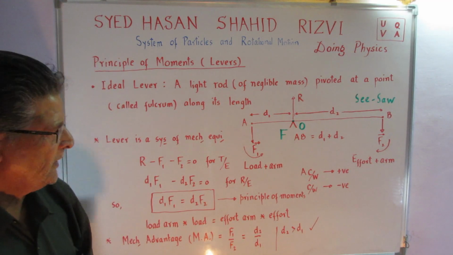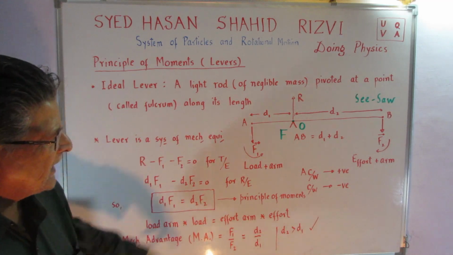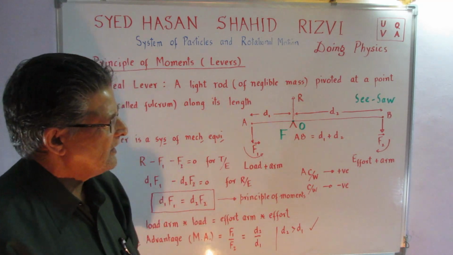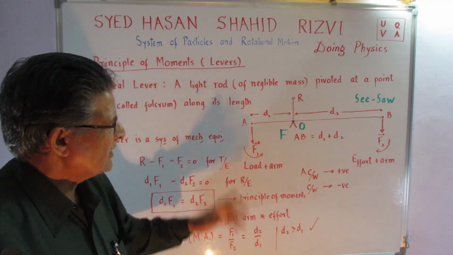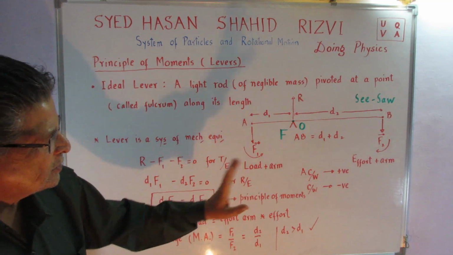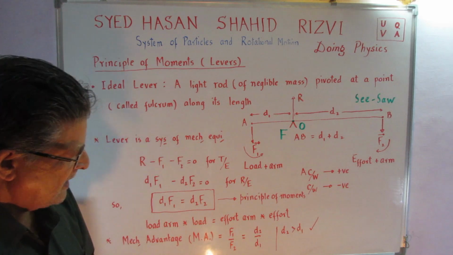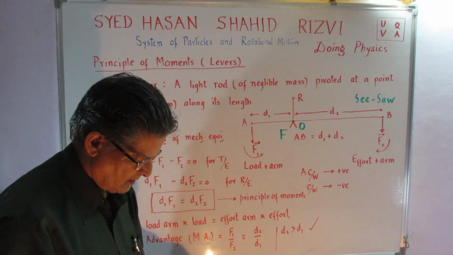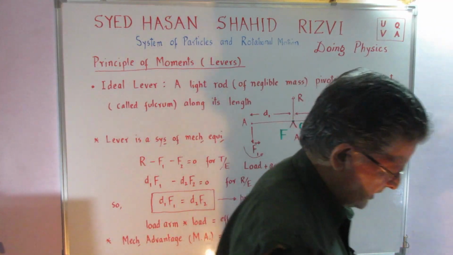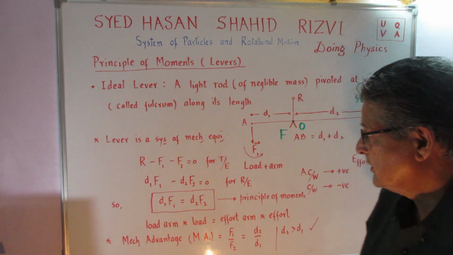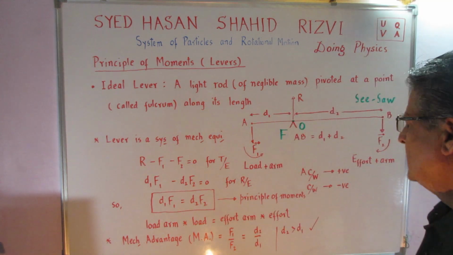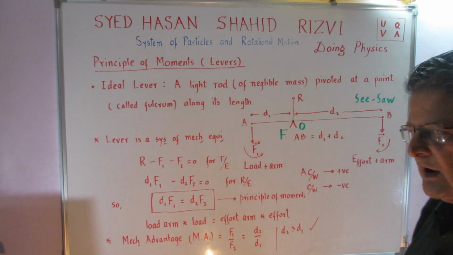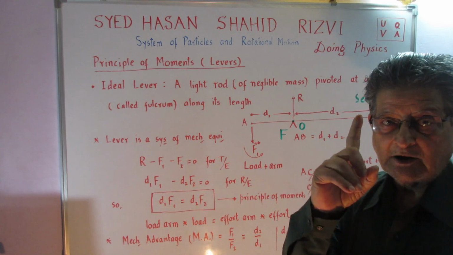I am going to show you in the next picture that even if these loads and efforts make an angle with the vertical, this is still going to hold. The principle of moments holds even if these forces are like this, but they have to be parallel to each other.